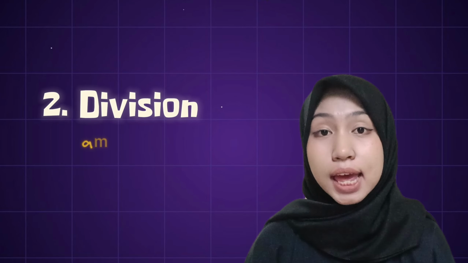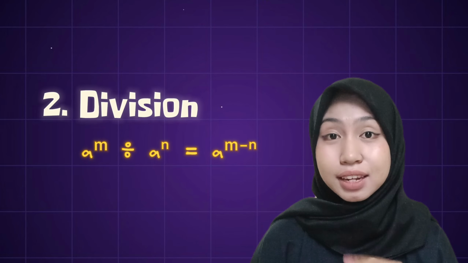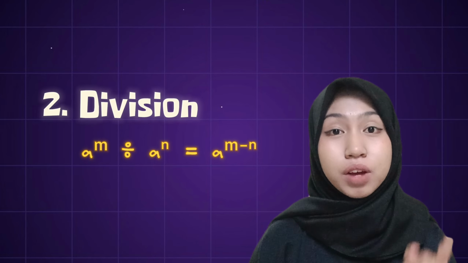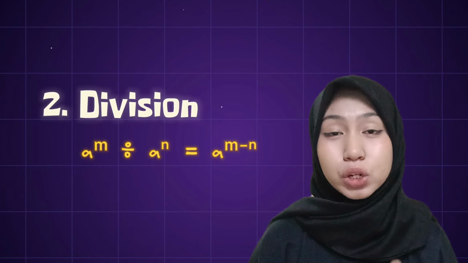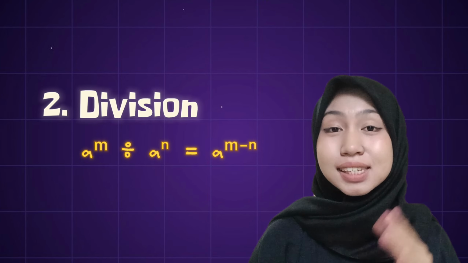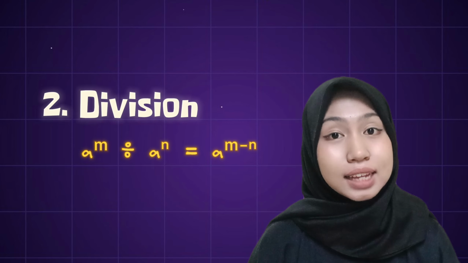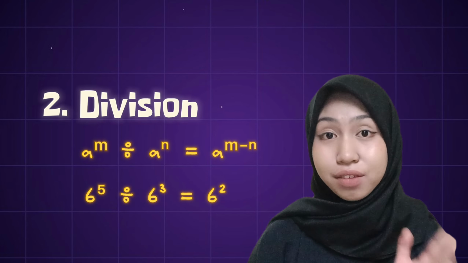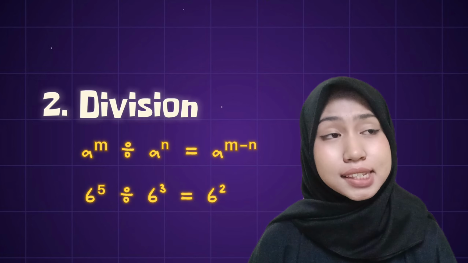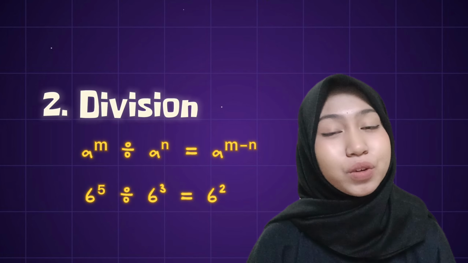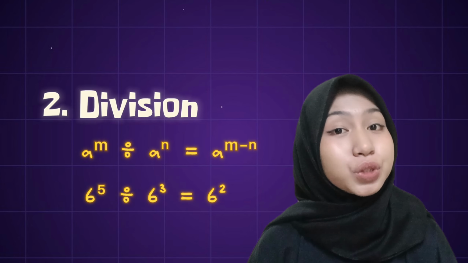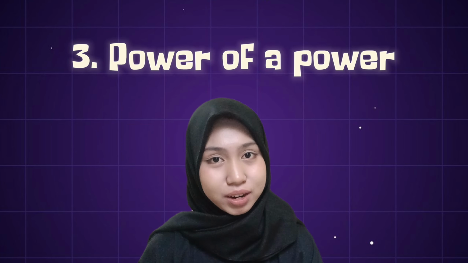The formula is a to the power of m divided by a to the power of n equals a to the power of m minus n. For example, 6 to the power of 5 divided by 6 to the power of 3 equals 6 to the power of 2. Next, the third is power of a power.